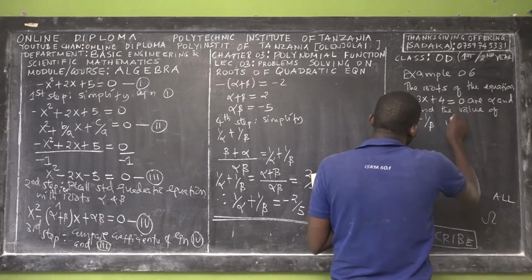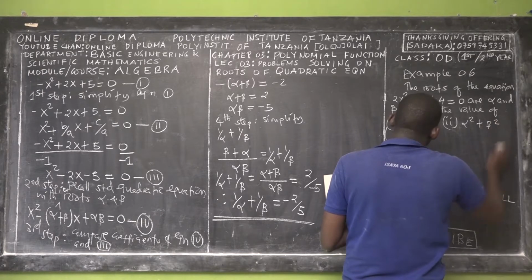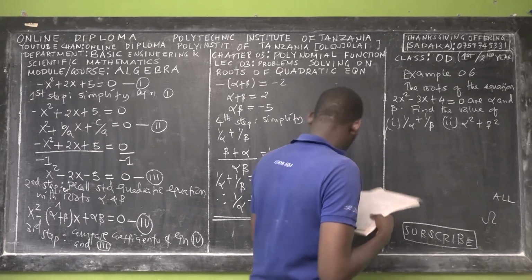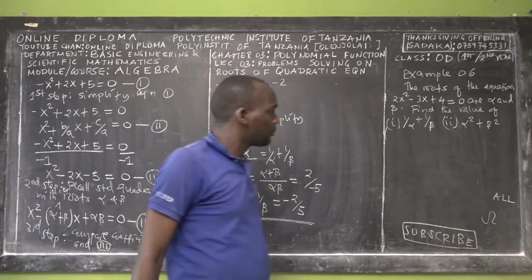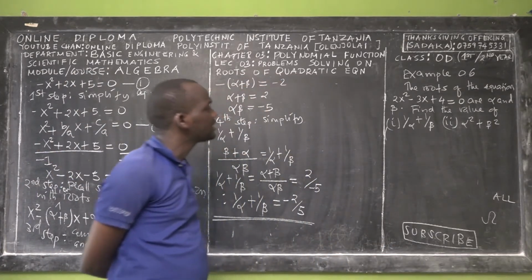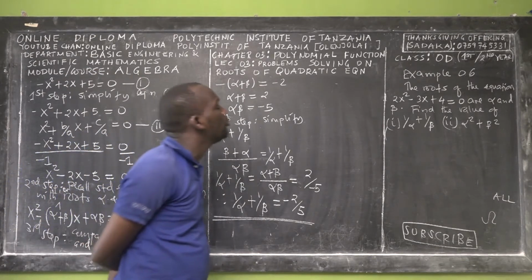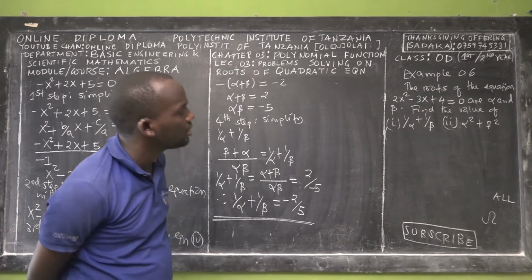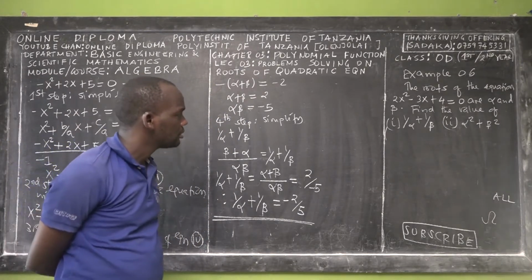Then number 2, alpha squared plus beta squared. So that's the question. The roots of the equation 2x squared minus 3x plus 4 is equal to 0 are alpha and beta. Find the value of 1 over alpha plus 1 over beta, and number 2, find the value of alpha squared plus beta squared.